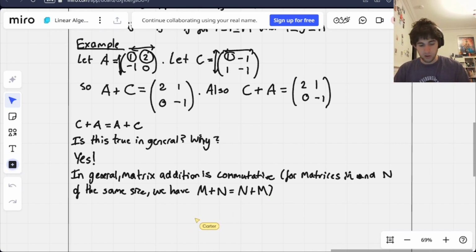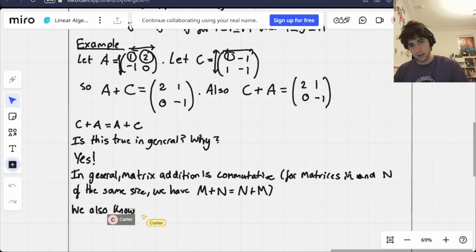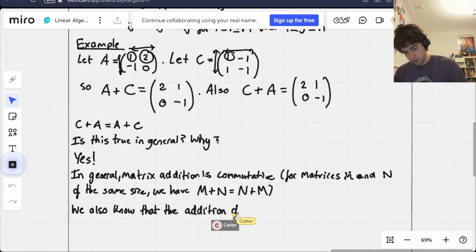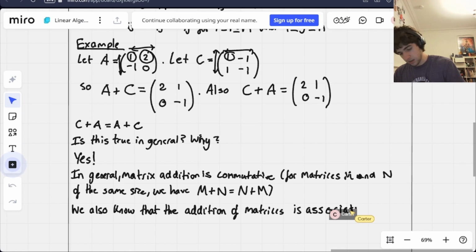Now we also know that the addition of matrices is going to be associative. So we know that when we add two matrices, that's going to be an associative operation. So what does that mean?